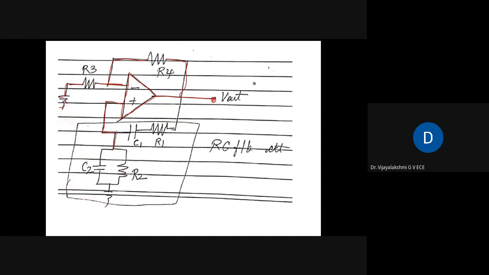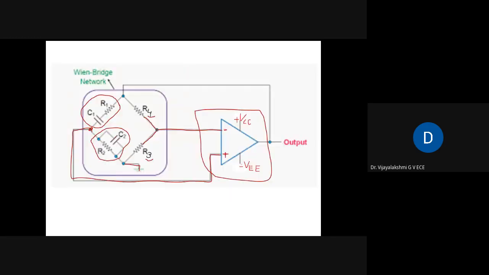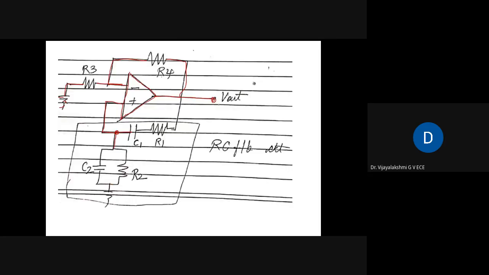In turn, this point is connected to the series combination of C1 and R1, and that end is going to the output of the amplifier. So in this circuit, you can easily understand this part is the amplifier part.